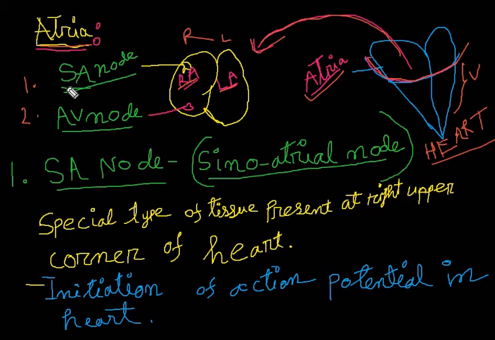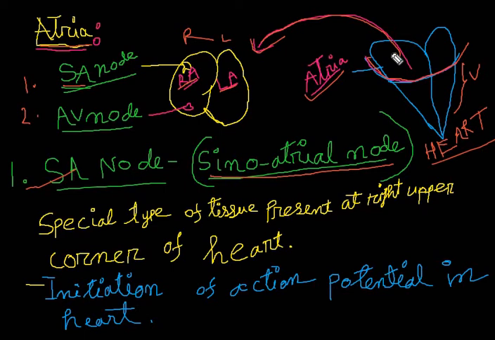Now, here in SA node, SA means sinoatrial node. Where is the sinoatrial node? SA node is present at the right upper corner of heart.